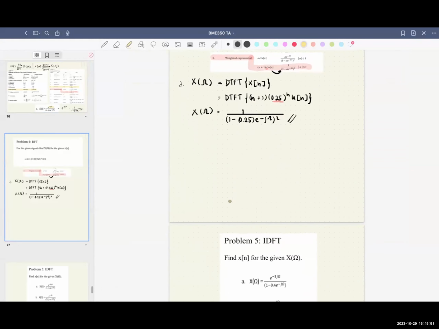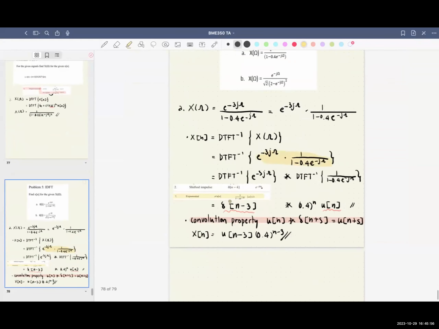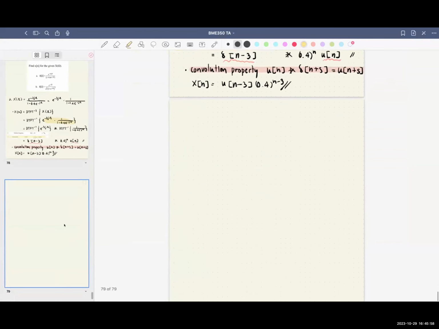And if you want to try question 5C later, you'll have to use this property too. I will give the solution for that part as well. Okay, now let's try 5B.